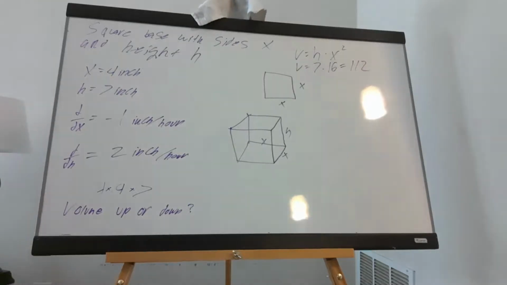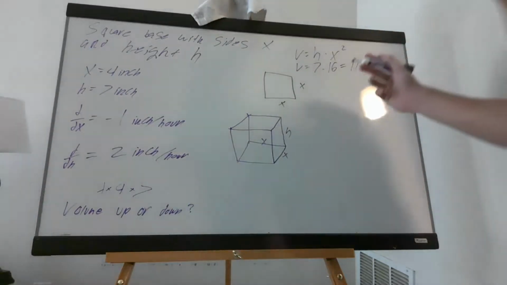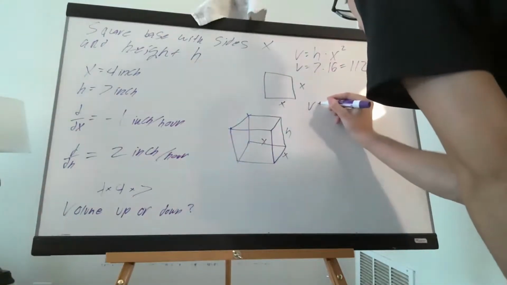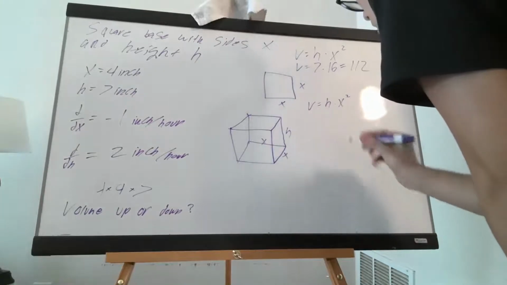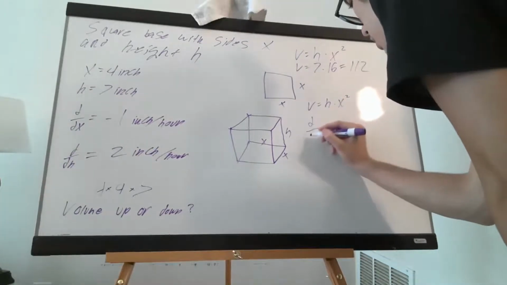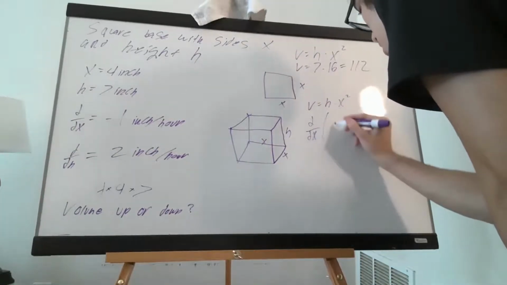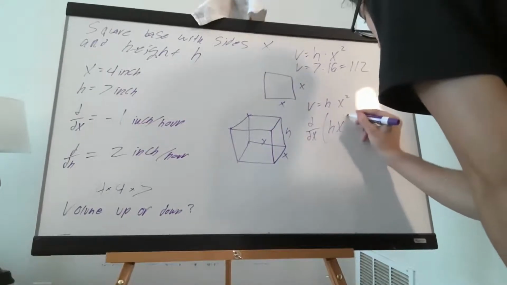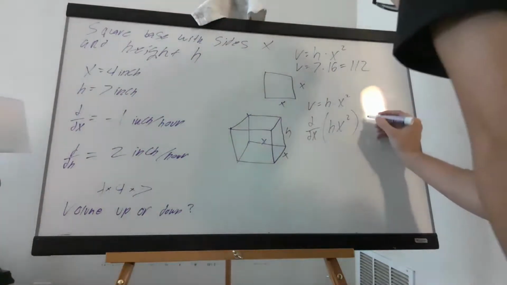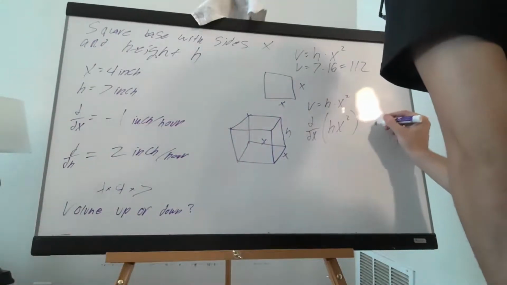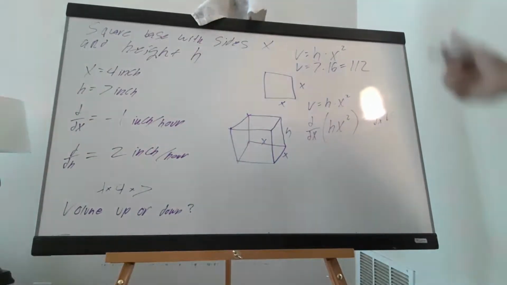So since we know that V equals h times x squared, then we can do this. d/dx of h x squared. That's going to give us a product rule, equals dx volume.